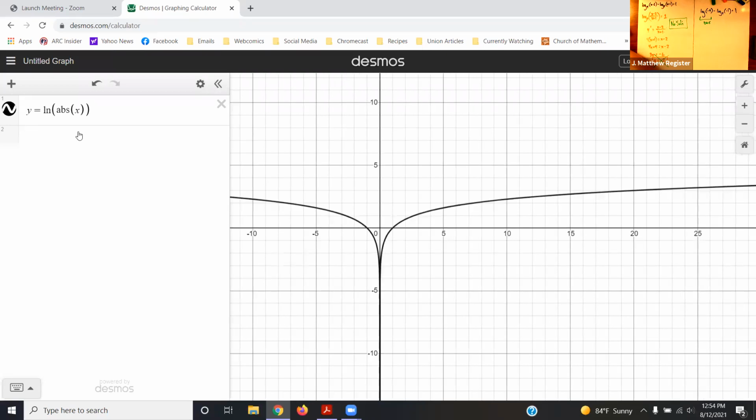If we were to just do the natural log of x, notice that it's only going to be the positive section. But as soon as we make it the natural log of absolute value of x, we get that it's going in the negative direction too. If we had actually had the absolute values in our problem, this probably would have worked out. But because there weren't the absolute values, we just ended up with no solution.